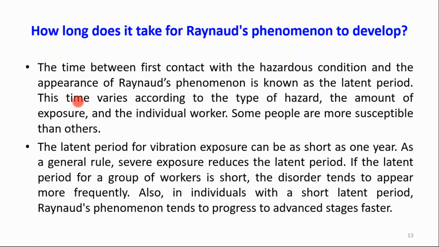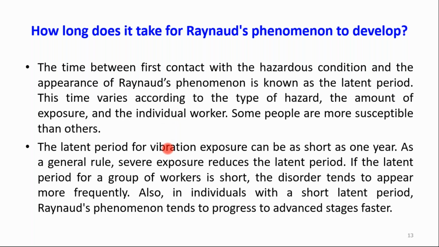So if it is related to contact with refrigerant pipelines which are not insulated, or some chemical handling processes, or some vibrating machineries, etc., then what exactly that hazard is, when the first time that hazard is contacted by that worker, and the individual's capacity, these factors decide the time for the Raynaud's phenomenon to develop.